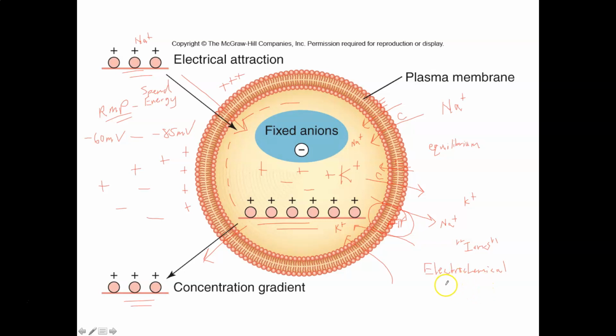And so you can add together these forces. You can add the forces, both electrical and chemical, and you can have this electrochemical driving force. And that electrochemical driving force affects the movement of those ions across the plasma membrane. And the movement of the ions is what's going to establish the resting membrane potential.